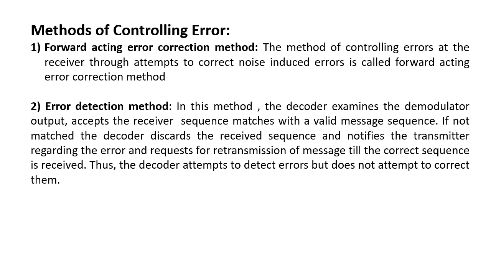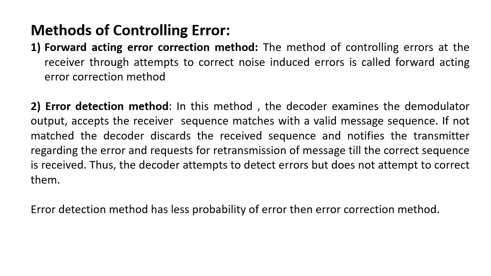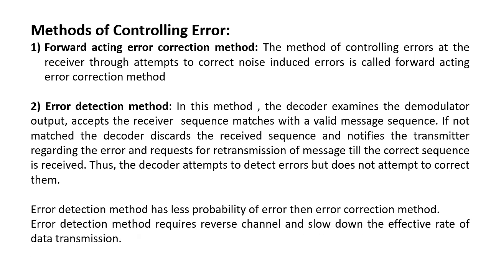Thus, the decoder attempts to detect the errors but does not attempt to correct them. So the error detection method only detects errors in the received sequence and does not correct them, but it will ask for retransmission of the signal. The error detection method has less probability of error than the error correction method. It requires a reverse channel and slows down the effective rate of data transmission. So these are the advantages and disadvantages of the error detection method.